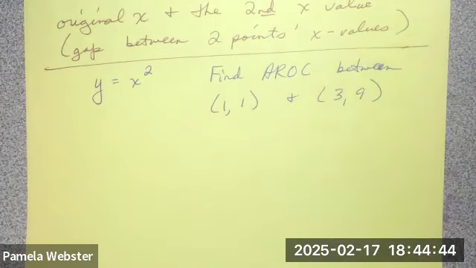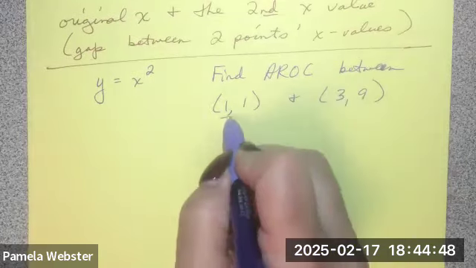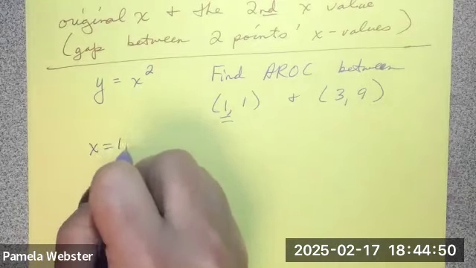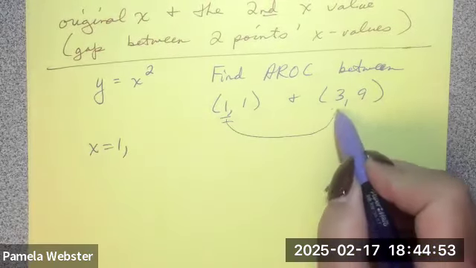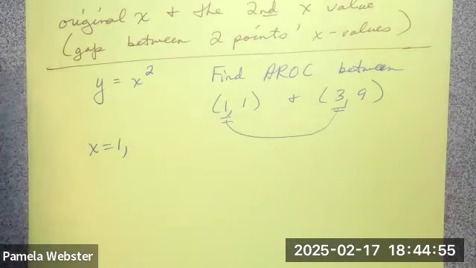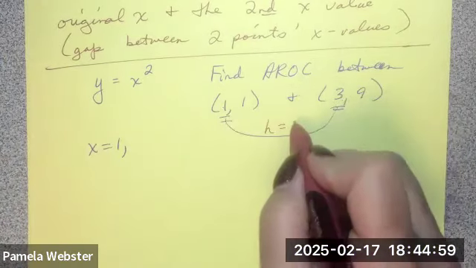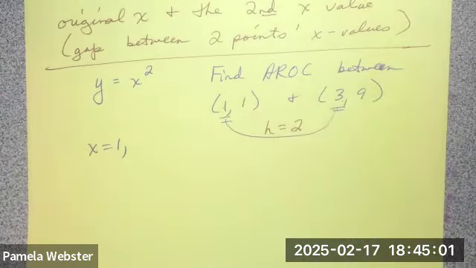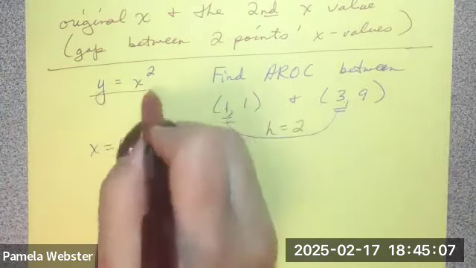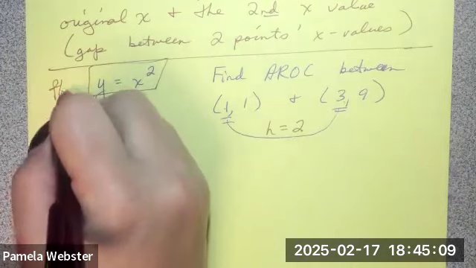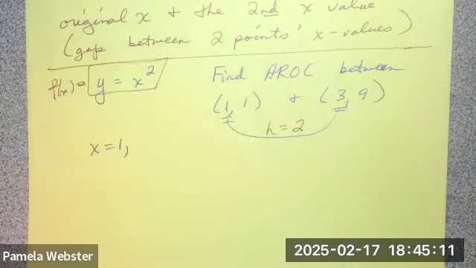So again, you're going to look at this and go, okay, my x equals 1. But now what's the gap between 1 and 3? The h equals 3 minus 1, which is 2, right? So you're going back to what we did. You don't have to start over. We're using the same functional value, the f of x. So you don't have to start over from scratch.